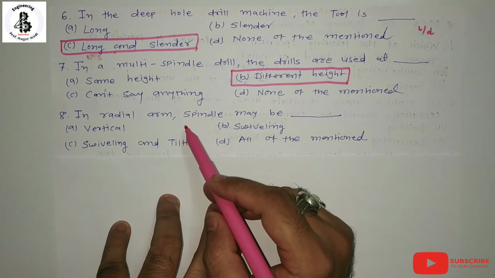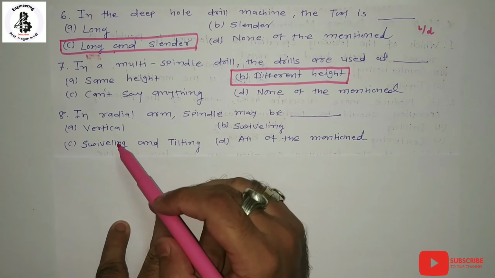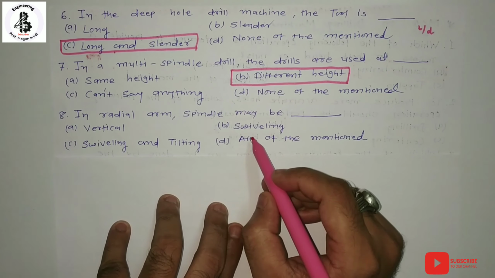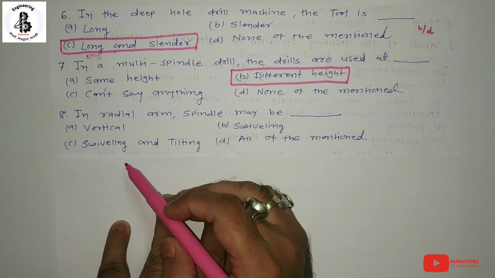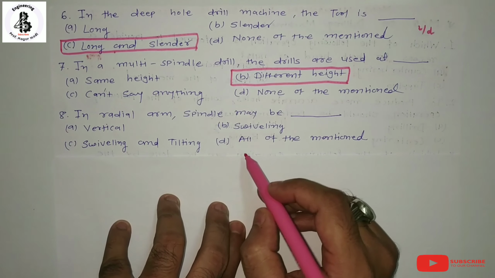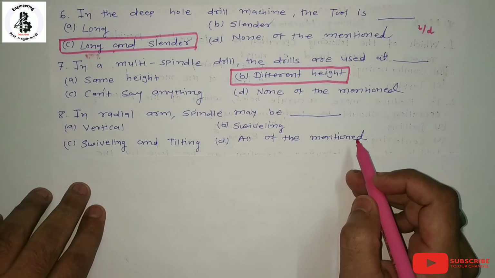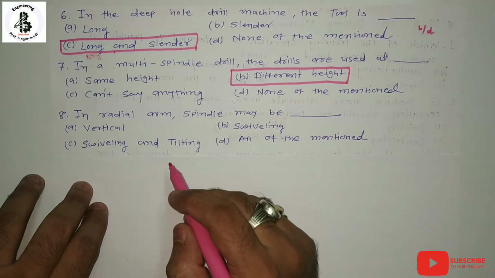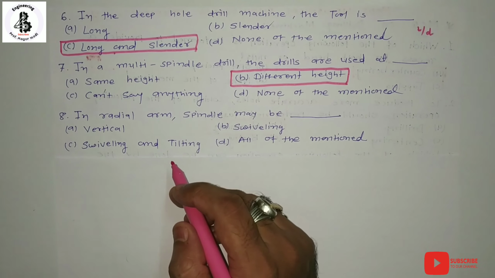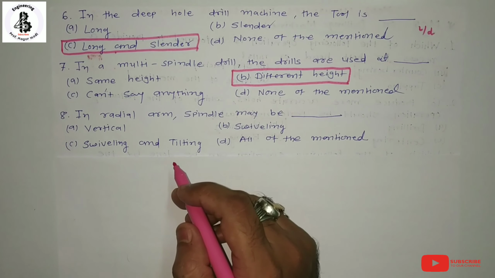In a radial arm, the spindle may be option A, vertical; option B, swiveling; option C, swiveling and tilting; and option D, all of the mentions. Basically this question is from the construction and working of radial drilling machines. If you want to learn in detail, you will find a link in my descriptions for more detailed study.